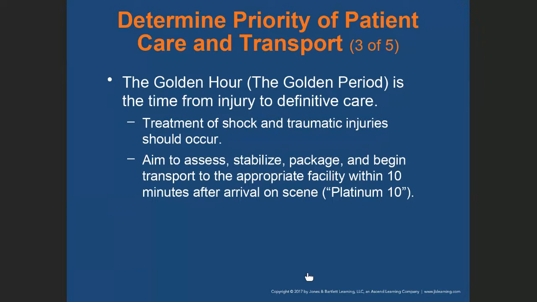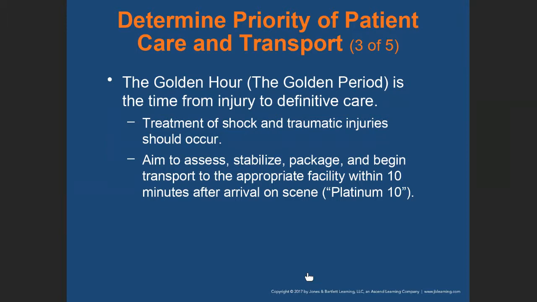So it can go over the 1 hour. Now, within that 1 hour, you have what is referred to as the platinum 10 minutes. So the platinum 10 is 10 minutes for you to assess ABCs, provide appropriate treatment, package the patient, and get the patient ready for transport.